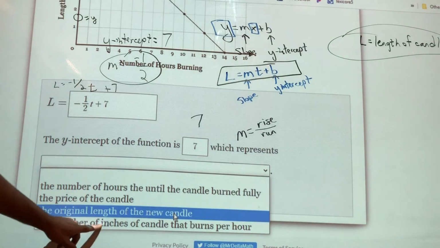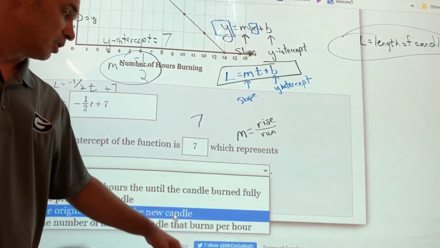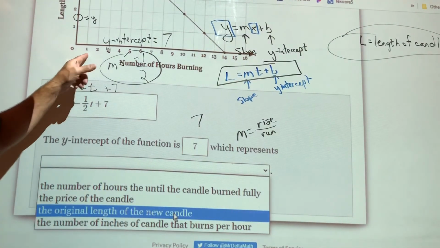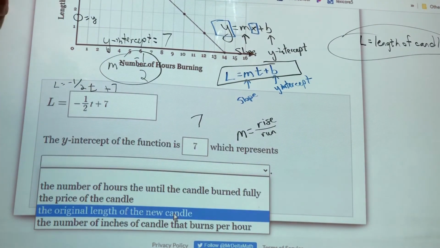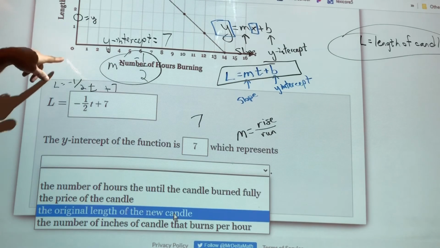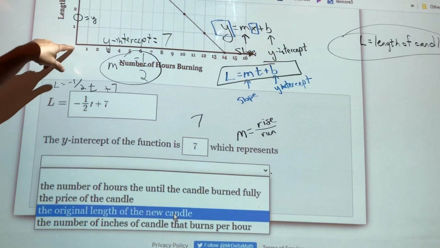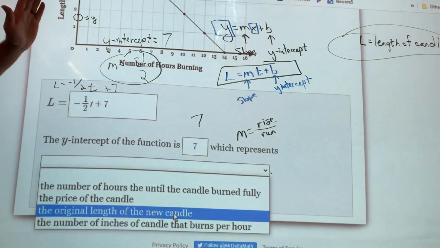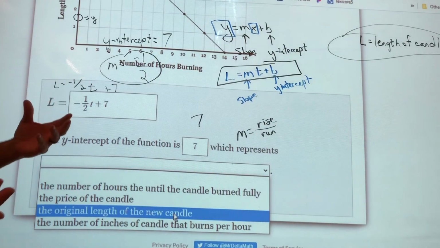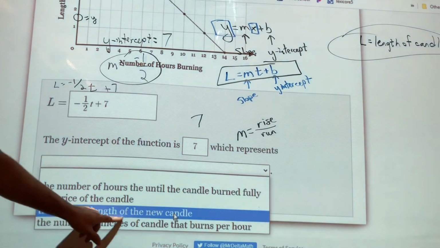And then the number of inches of candle that burns per hour. Well, the hours is down here, and this is the length. So the y-intercept is speaking about the length of the candle when it had burned for 0 hours. So when it had burned for 0 hours, that means the new candle. So it's going to be the original length of the new candle.